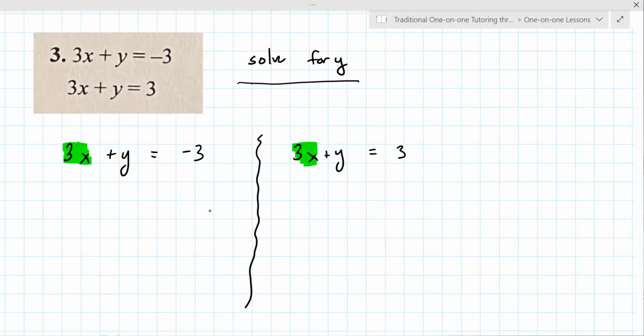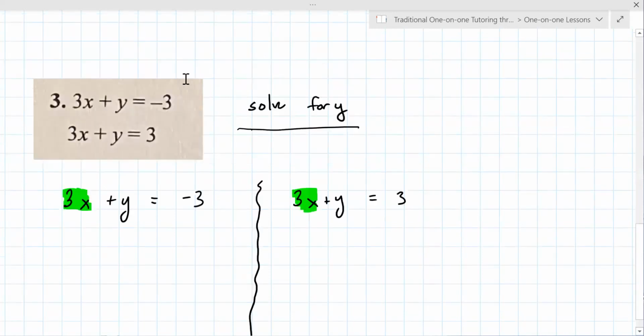Okay, so I'm asking you to solve for y. I'm asking you to get rid of the 3x on this first equation. It's y equals 3. No, let's go back and look at what you did in the previous problem.